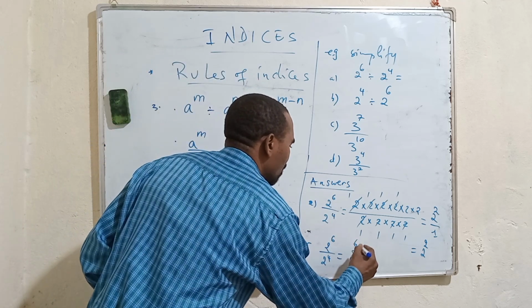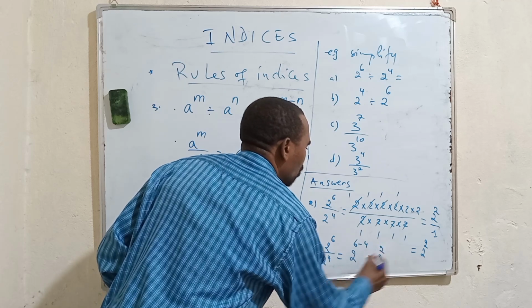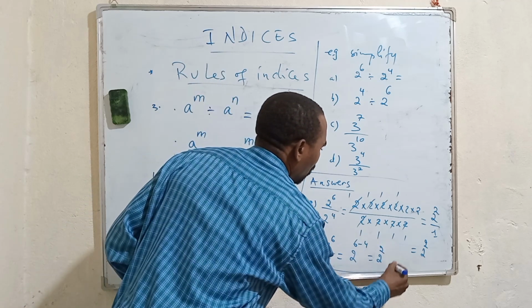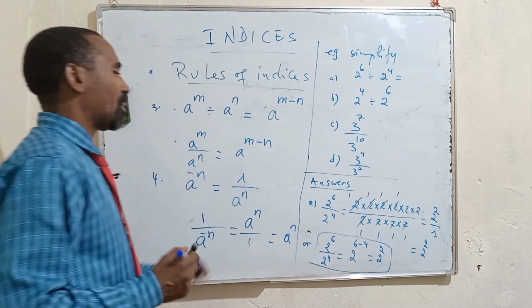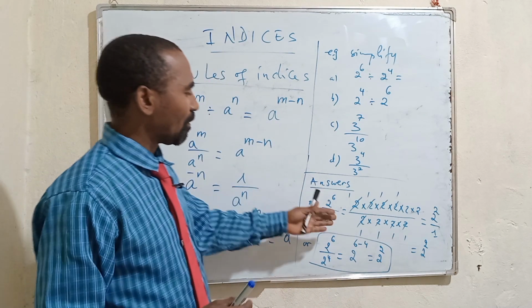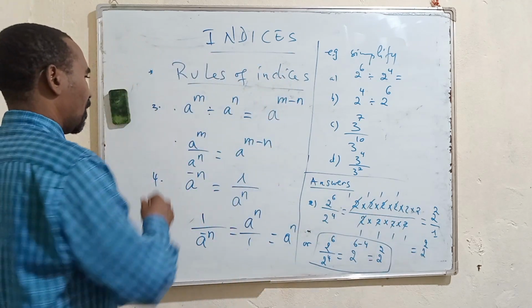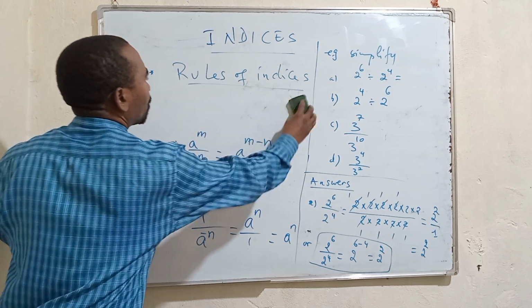You take 6 minus 4 and you get 2 power 2. You see, using the rule, steps become very short. But there are people who prefer to simplify. You can do it even this way.